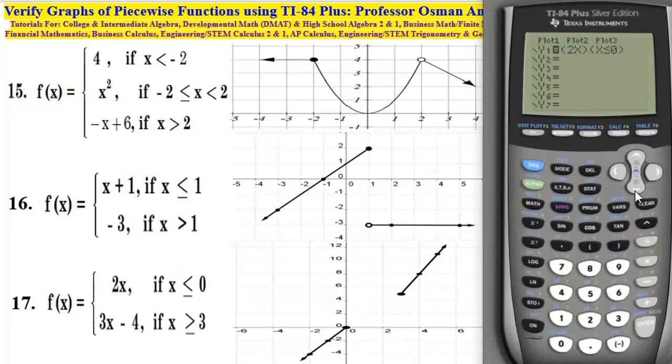And it is 3x minus 4, and this is valid when x is greater than 3.